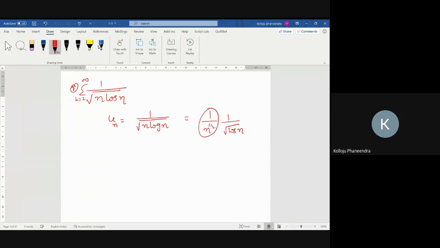If I choose this as Vn, then Un by Vn will be what? Un over Vn is equal to 1 by under root log n as n tends to infinity. As n tends to infinity, what is this? 0 you will get. And sigma Vn series is divergent.